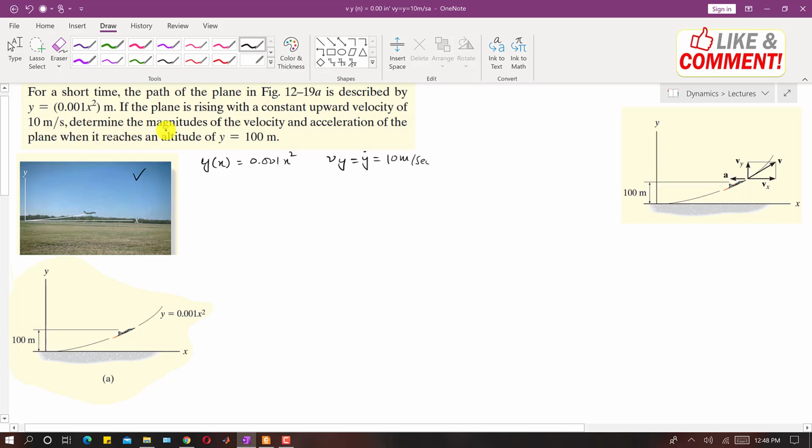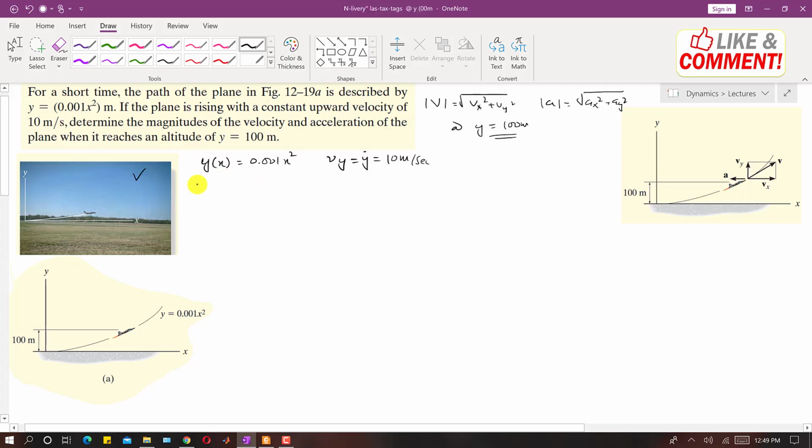We are asked to find the velocity magnitude, which is the square root of Vx squared plus Vy squared, and the acceleration magnitude, which is the square root of Ax squared plus Ay squared, at y equals 100 meters.